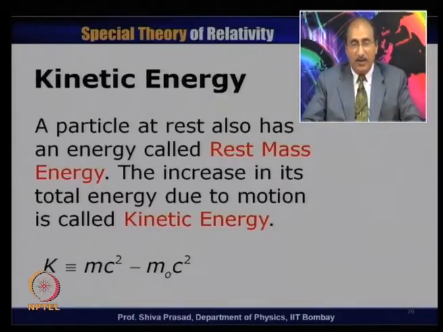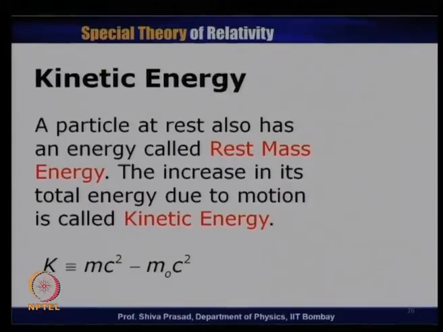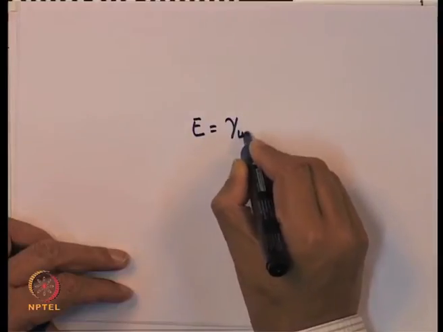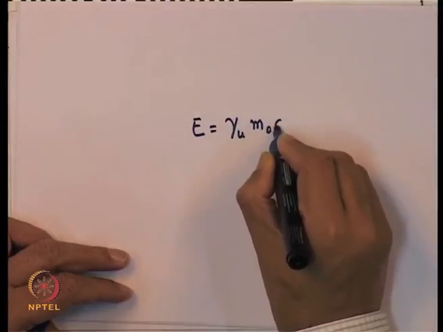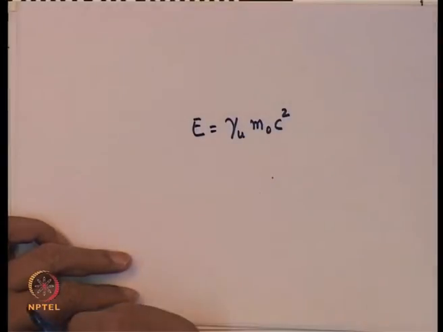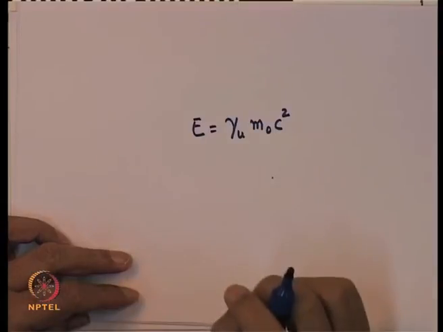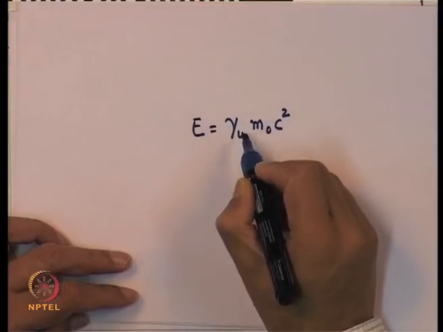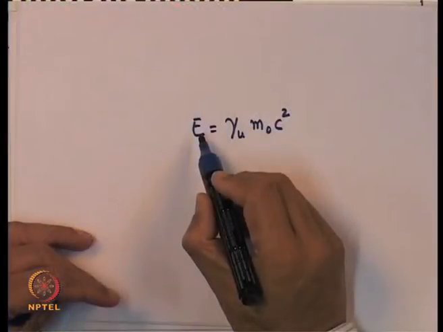So if the particle has started moving, then the energy will be given by gamma u m naught c square. When the particle was at rest, this gamma u was equal to 1 and the energy was m naught c square. Once the particle has picked up certain speed, the value of gamma u has gone up, however slight, and therefore this energy E has increased.